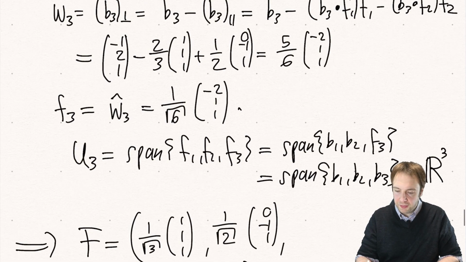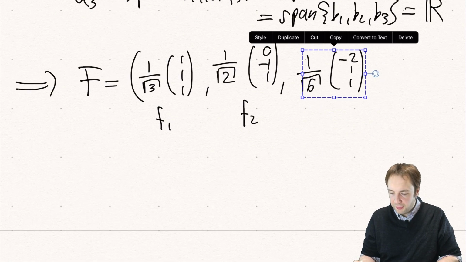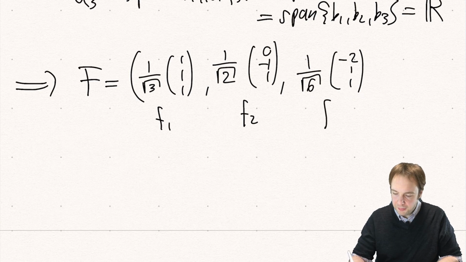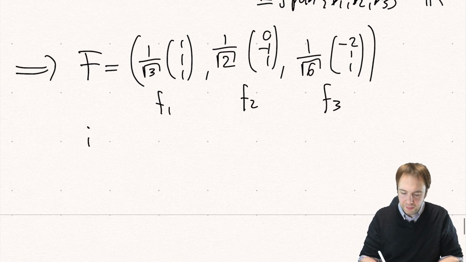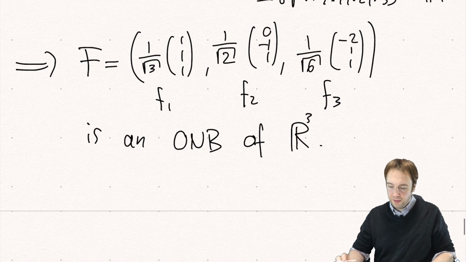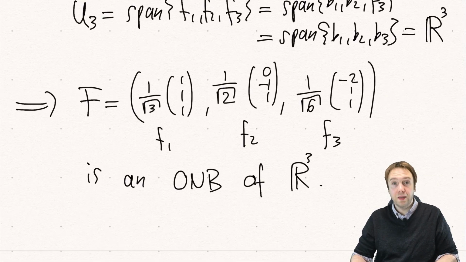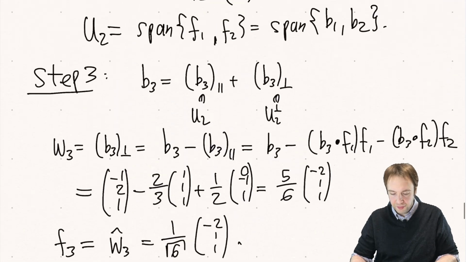And F3 is this guy here. This is an orthonormal basis of, in this case, R3. Yeah, and I hope this made clear how this algorithm works.